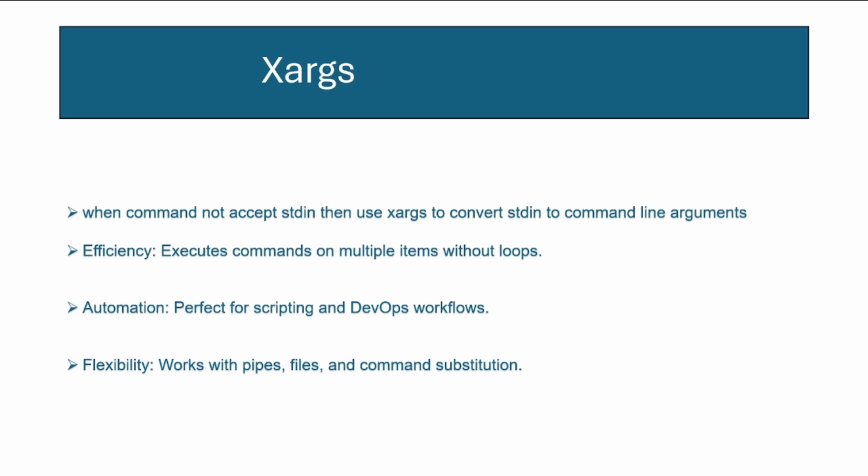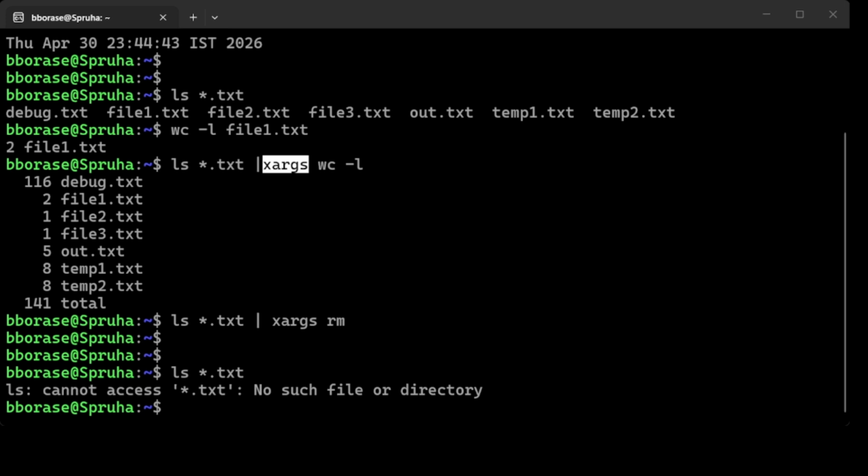It will help you in automation for scripting, and it also gives flexibility: we can use the pipe command along with xargs, and command substitution also you can perform with the help of xargs. So like this we will end with this, and finally you come to know the uses of piping along with their references with examples.